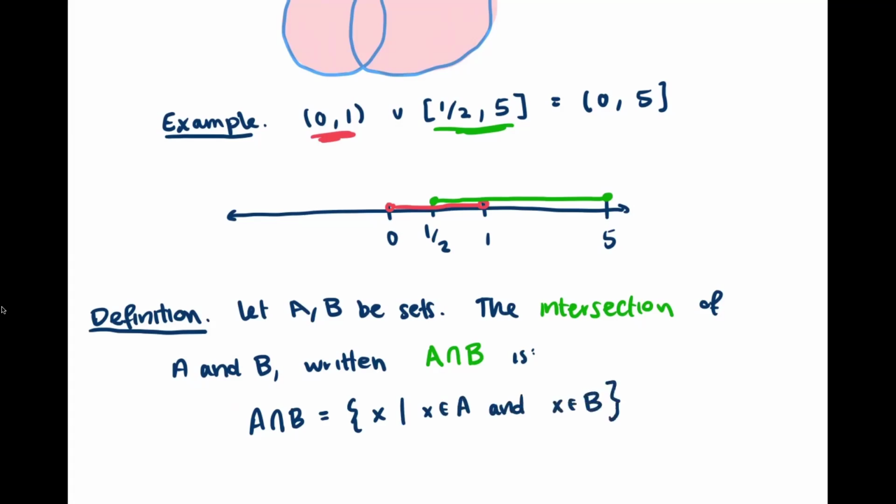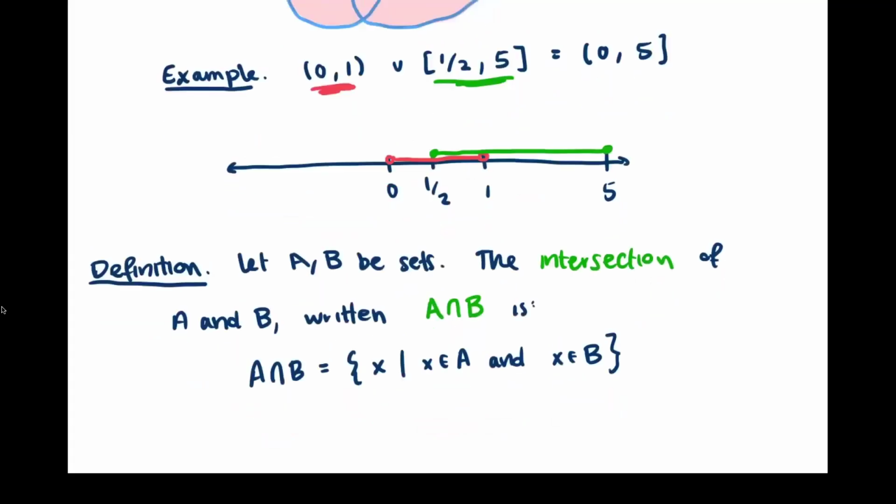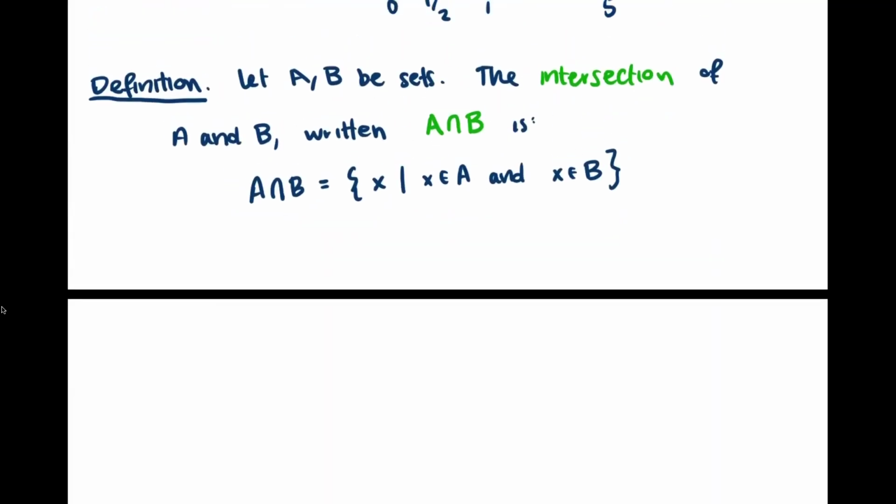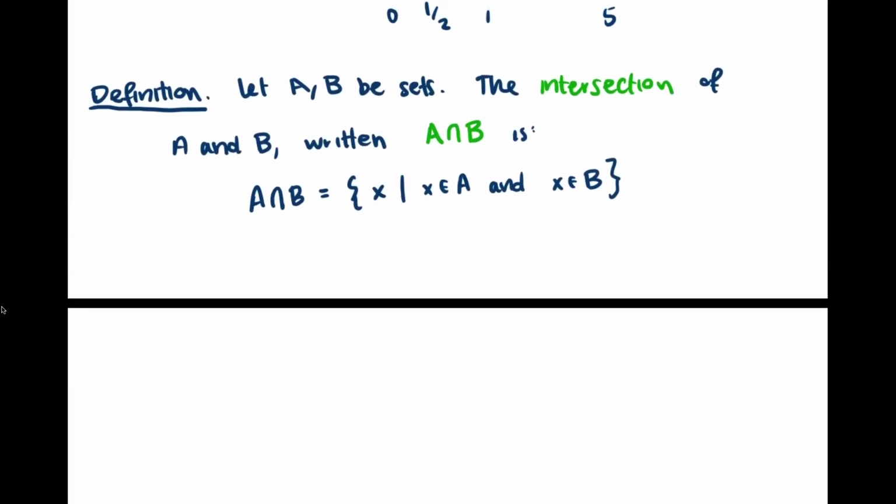Okay, so in order to be an element of A intersect B, X has to satisfy both being in A and being in B. So that's our condition for being an element of this set. So I'll draw the picture like before.